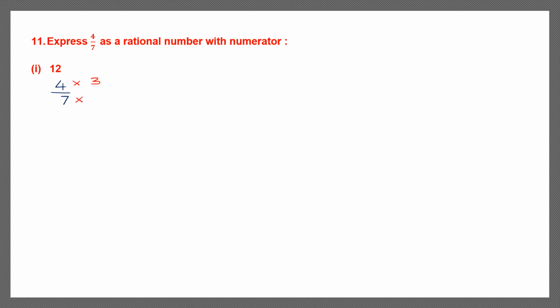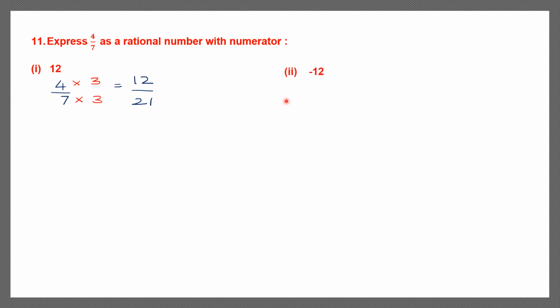So multiply the denominator also by 3. So what do we get here? 4 threes are 12. 7 threes are 21. So we have expressed 4 by 7 as a rational number with numerator 12. See, now the numerator is 12 and my fraction is 12 by 21.